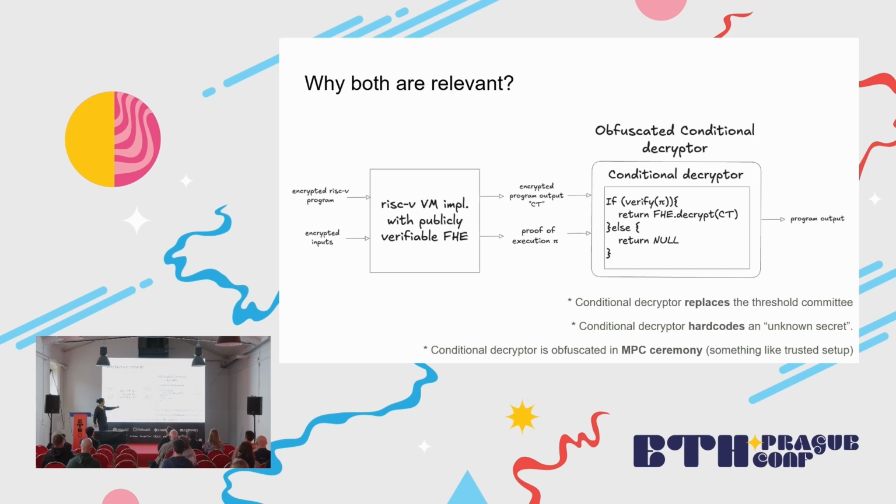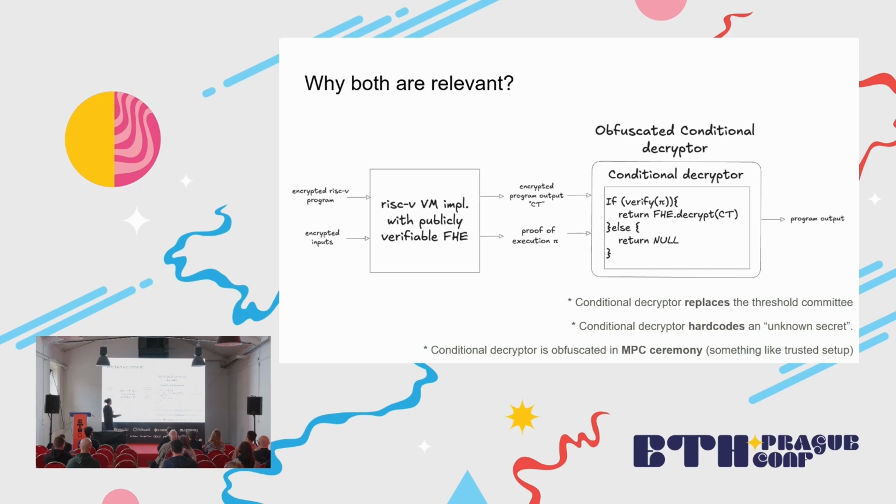This conditional decryptor hard-codes the secret key of the FHE, which at the moment is sharded among the threshold committee. It hard-codes the secret key, and then it verifies the proof, and it decrypts if and only if the proof is valid. Otherwise, it rejects. In this case, you're trusting the obfuscation scheme. You're not trusting the threshold committee anymore.